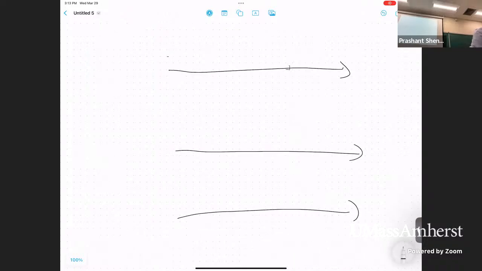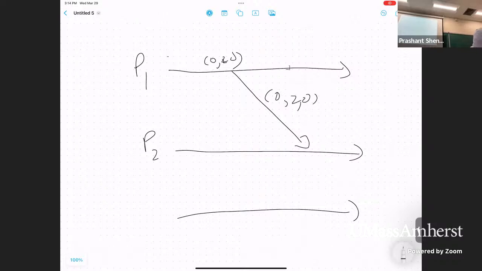Okay, so let's say here's a message that goes from P1 to P2. You have to send the vector with your clock. So let's say this was 0 0 0. Okay, so you're going to send 0 0 0 with the clock value.